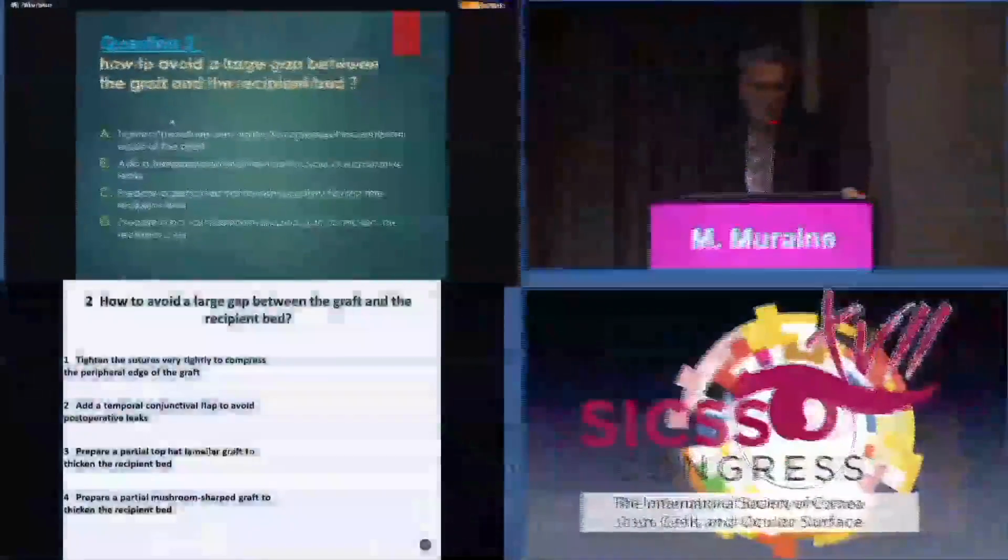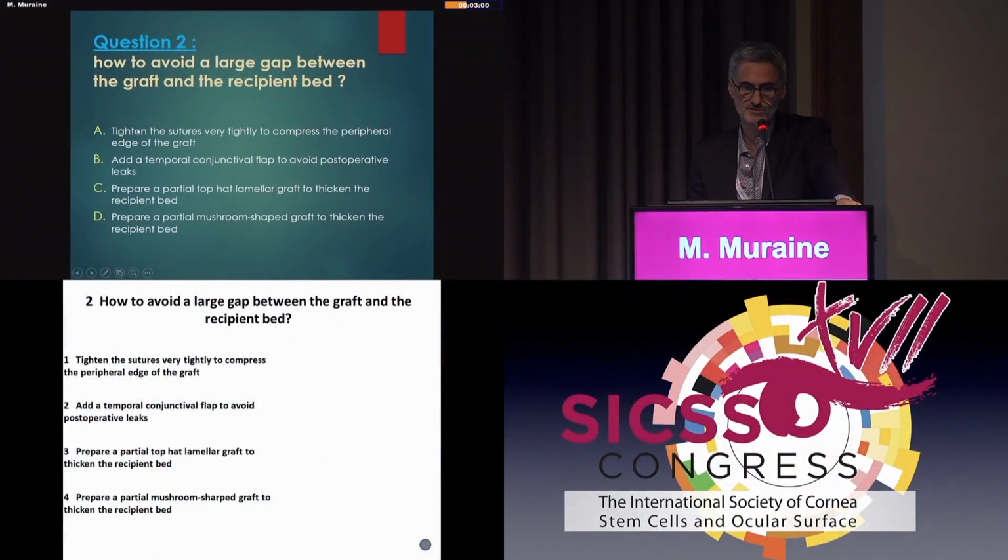So the first possibility is to tighten the sutures very tightly to compress the peripheral edge of the graft, to add a temporal conjunctival flap to avoid postoperative leaks, because you can have leaks if it's very thin at the periphery, to prepare a partial top hat lamellar graft to thicken the recipient bed, or to prepare a partial mushroom-shaped graft to thicken the recipient bed.